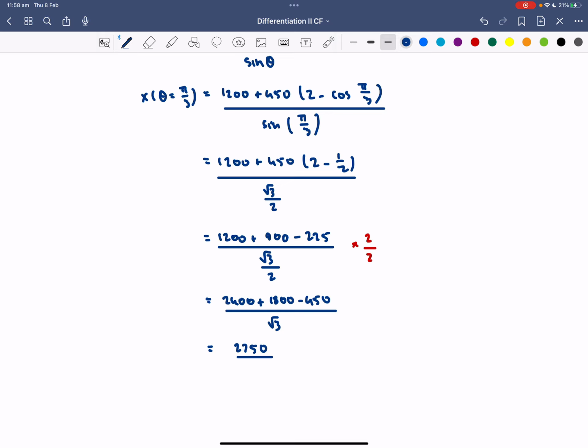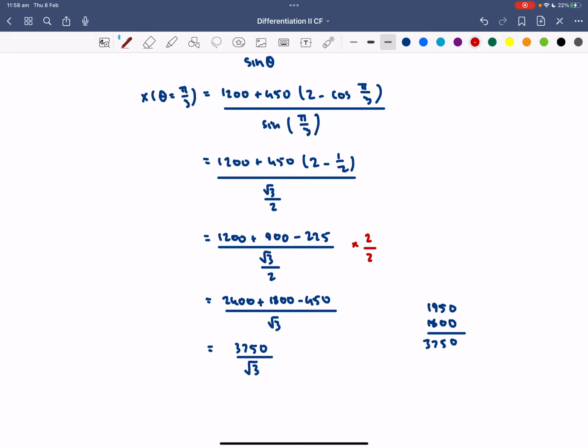No, I think I missed a... Be careful, be careful. So that was actually 1950. That's what that is, and then plus 1800. So that's 0, 5, 9 plus 8, 7. It's actually 3750 divided by root 3.